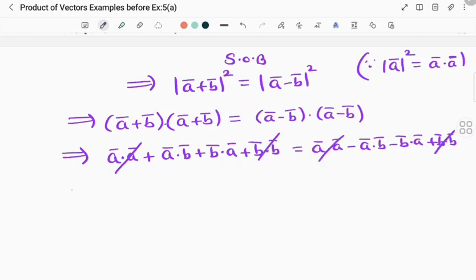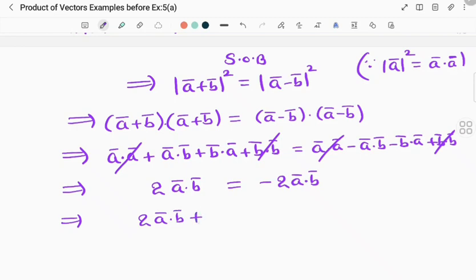So both sides cancel: a bar dot a bar and b bar dot b bar. a bar dot b bar and b bar dot a bar are the same. So it will be 2 a bar dot b bar equal to minus 2 a bar dot b bar. Taking this to this side, 2 a bar dot b bar plus 2 a bar dot b bar equals 0.